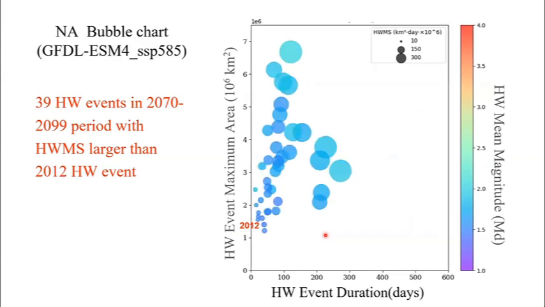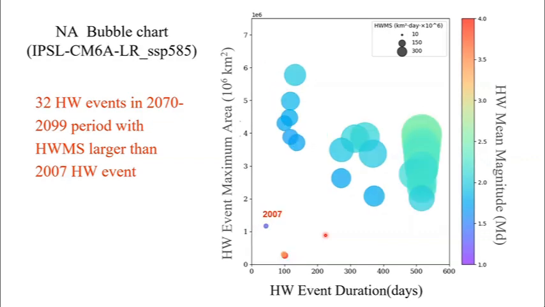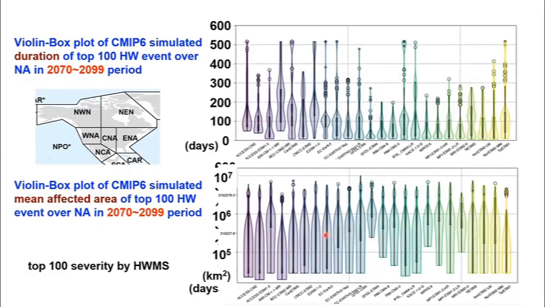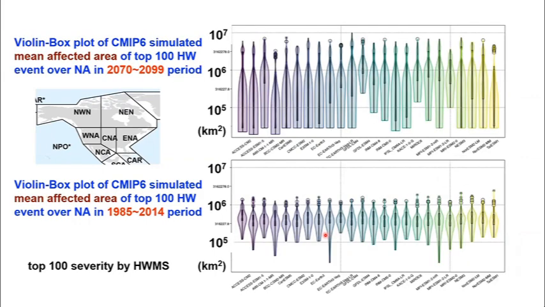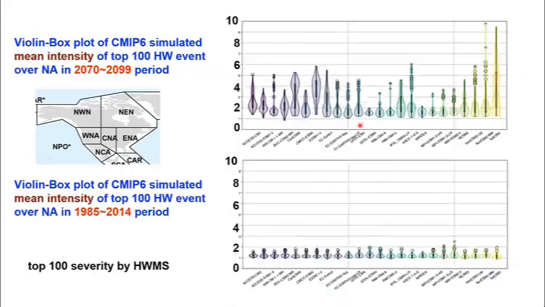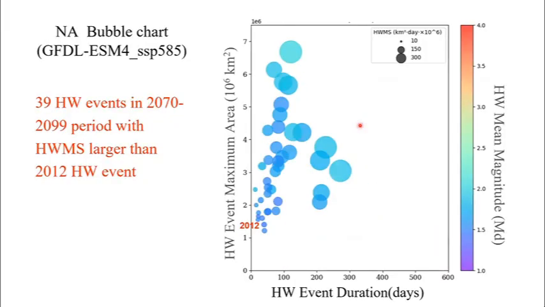And how about this particular one? Those are from one model that has this strange behavior. But if I choose this particular model, GFDL ESM4, which does not have this extension downward for smaller area cases, okay? So here is this particular model's projection for future cases.